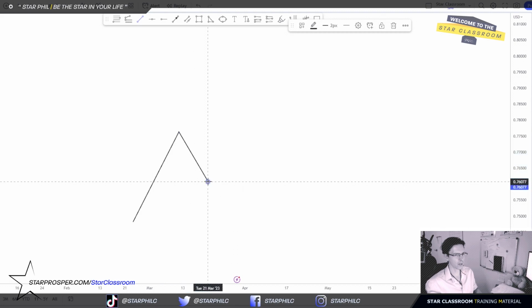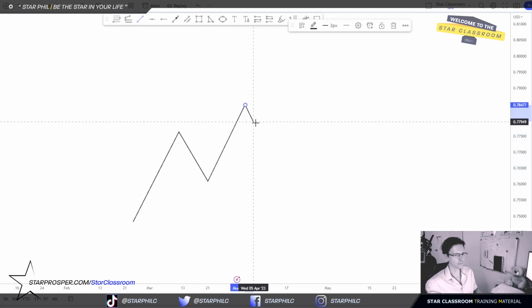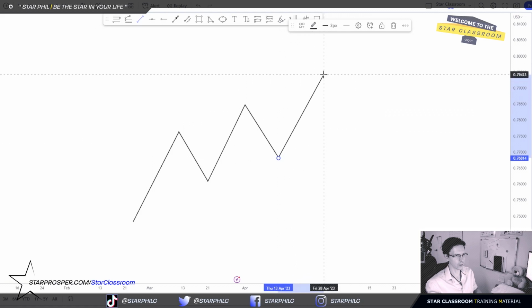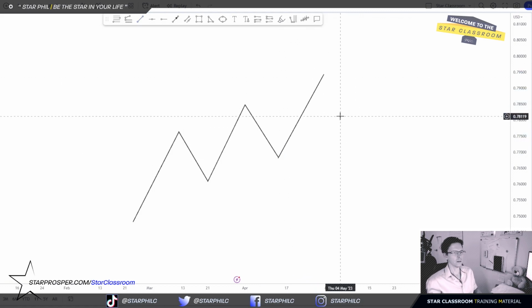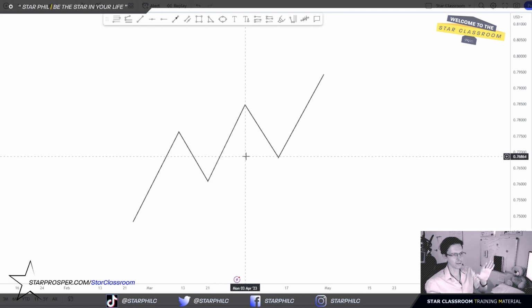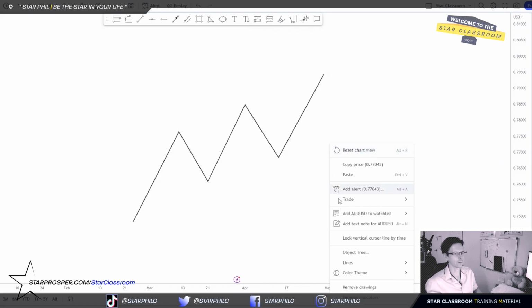Then the market puts in another move towards the upside, followed by a pullback. Now, as this pattern keeps trending, we are trending.